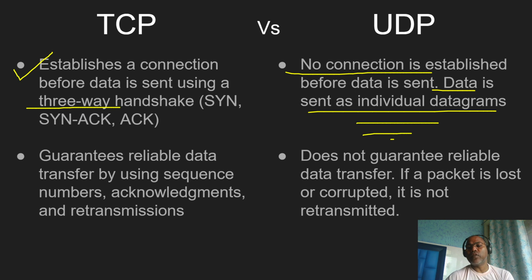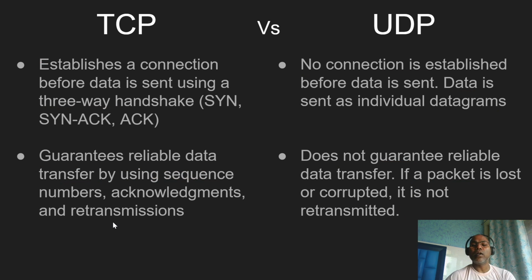They follow different routes, different paths to reach the receiver. TCP guarantees reliable data transfer using sequence numbers, acknowledgements, and retransmission. But with UDP there is no guarantee; they try best effort for how much data can be transferred. There is no concept of packet loss or corruption handling, and no concept of retransmission.